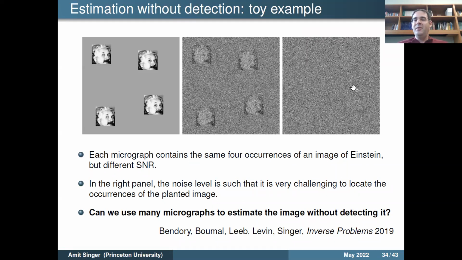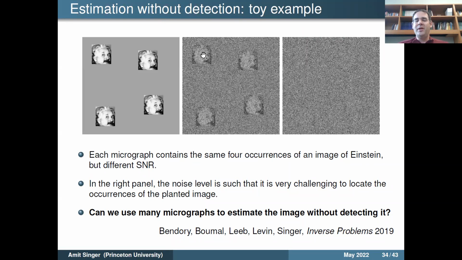The nice thing about this autocorrelation function is that it is invariant to the specific locations of where the images are embedded in the micrograph. So the autocorrelation would be the autocorrelation of the Einstein image with itself, plus the autocorrelation of the noise with itself, where, let's say we know it's white Gaussian noise, so we know the power spectrum, and the autocorrelation of Einstein with noise would average out.